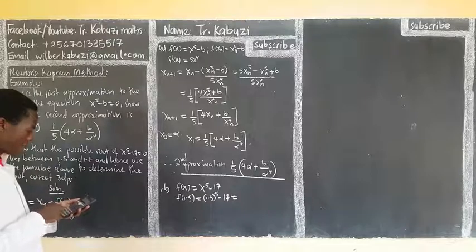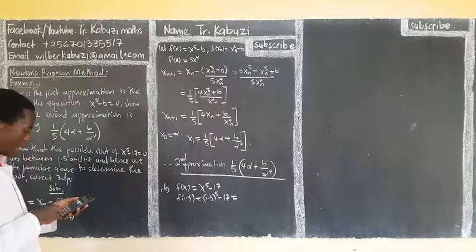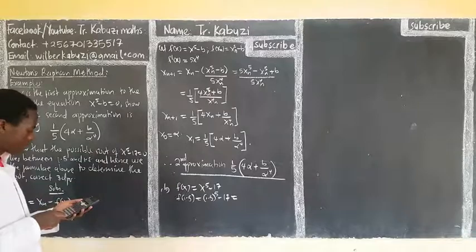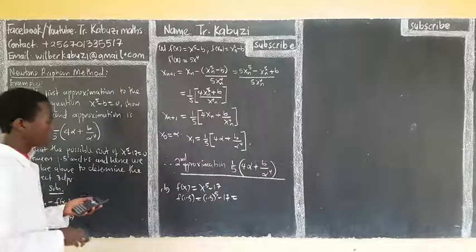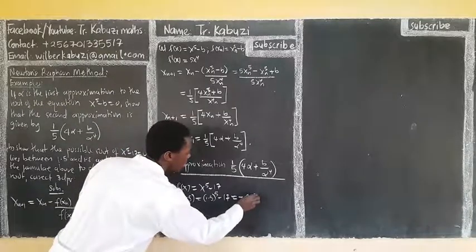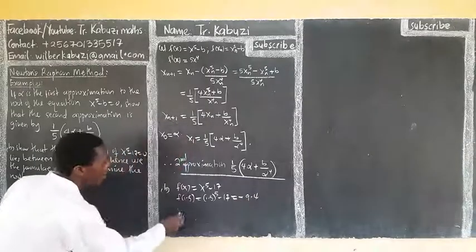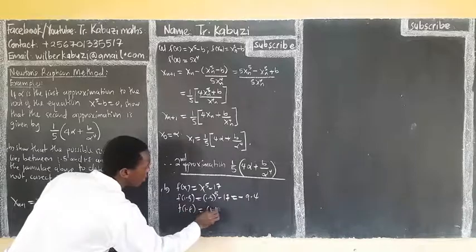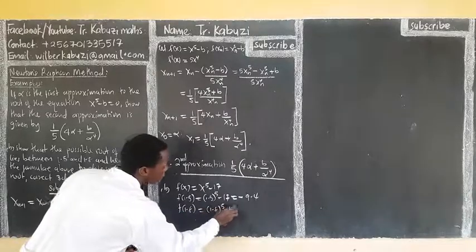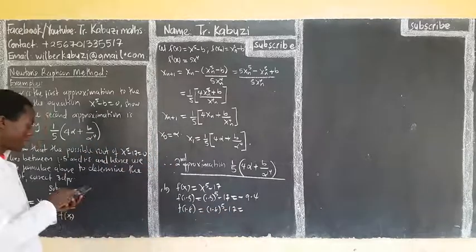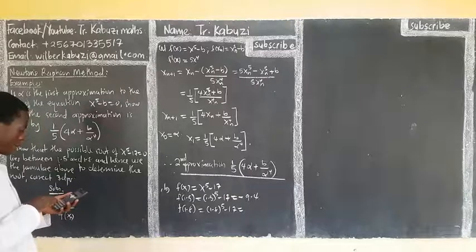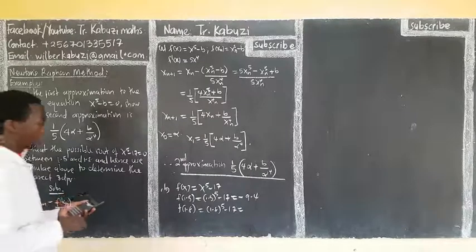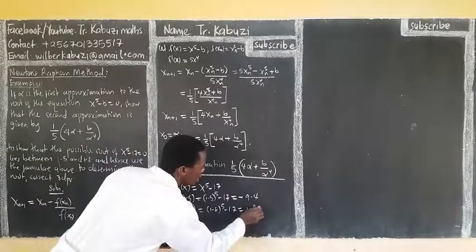1.5 power 5 minus 17. So this one is going to give us a negative value of about 9.4. Then f of 1.8 is going to be 1.8 power 5 minus 17, which is going to give us 1.89.